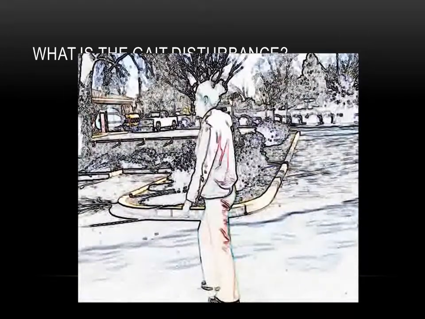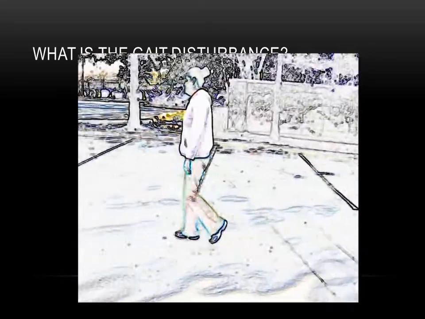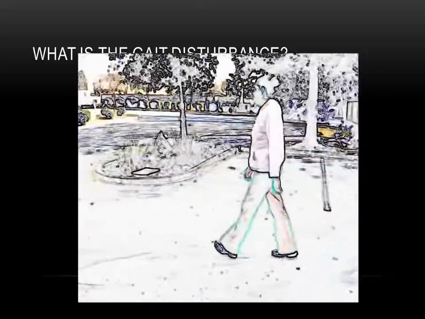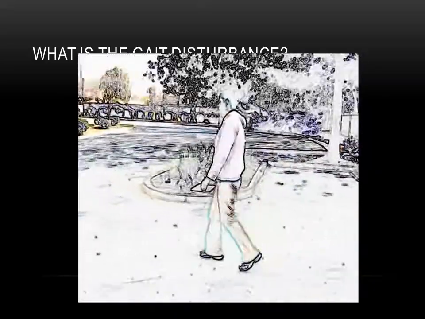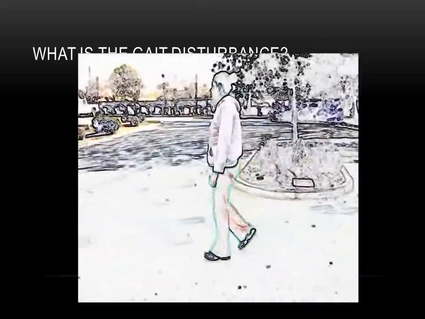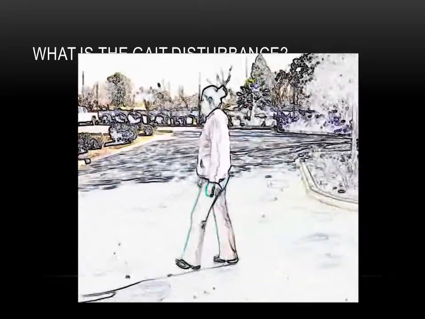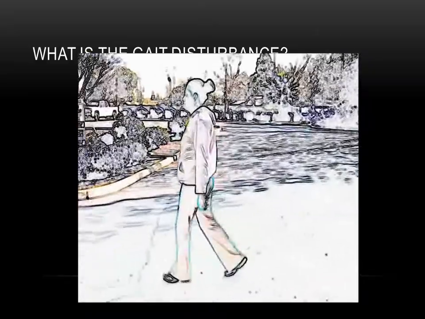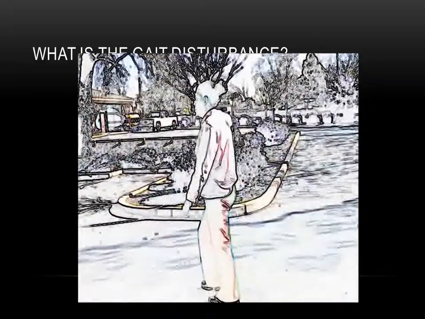Following a lower back lifting, twisting injury. What I found on this is I noted that there was a slight shortening of the stance phase on the left leg.